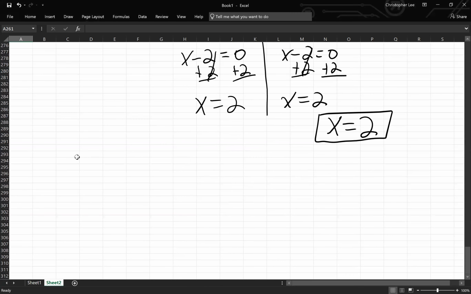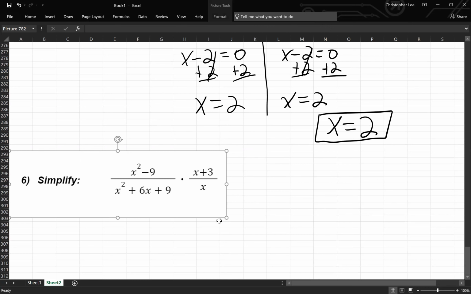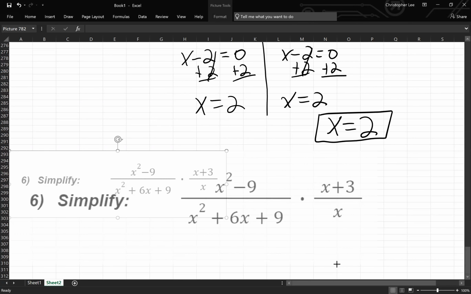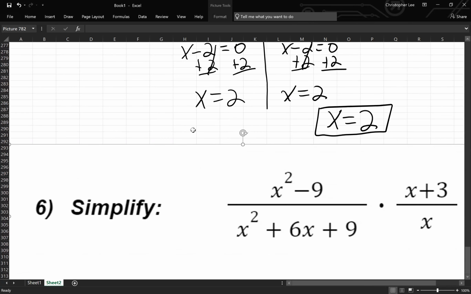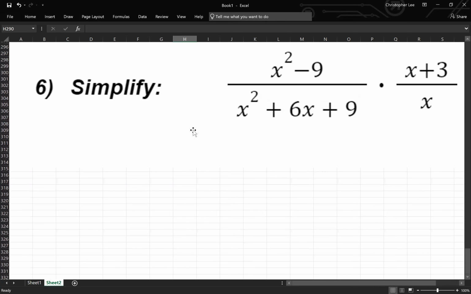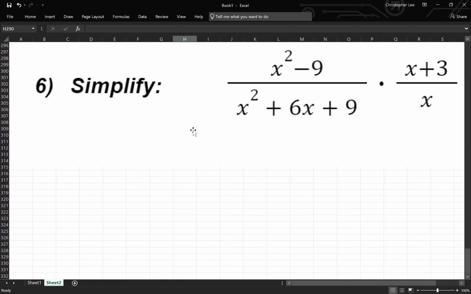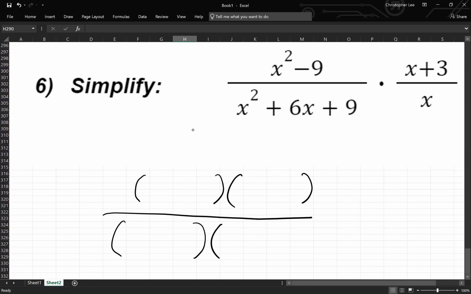This next question is mad hard. How do I do this? Factor it, right? So factor for me. Well, let me do the numerator first. What's the numerator gonna be? X minus, good.